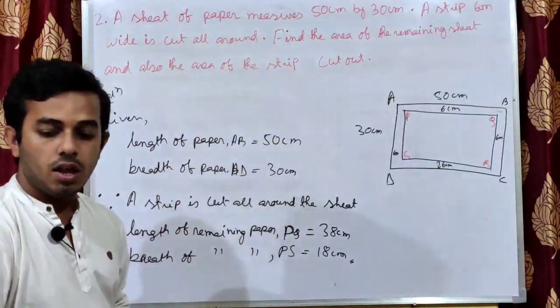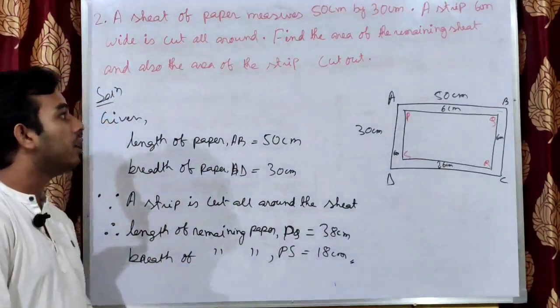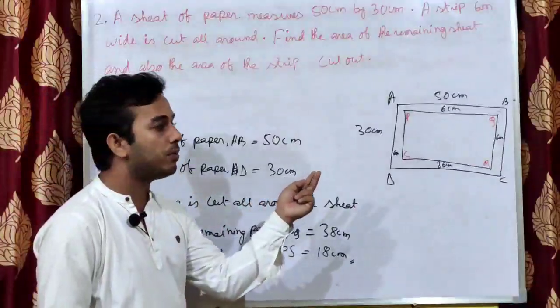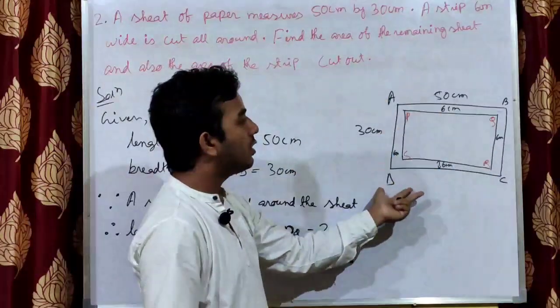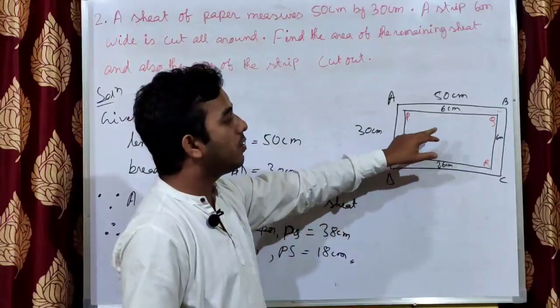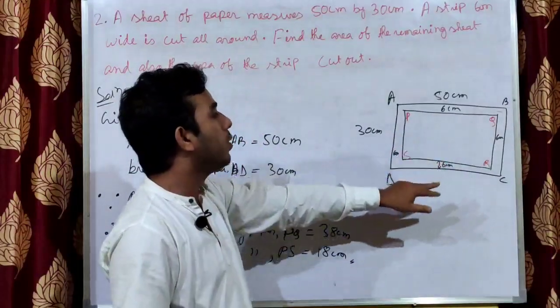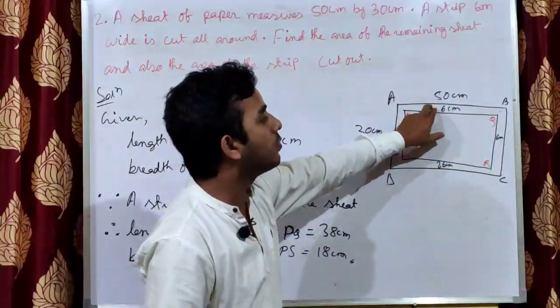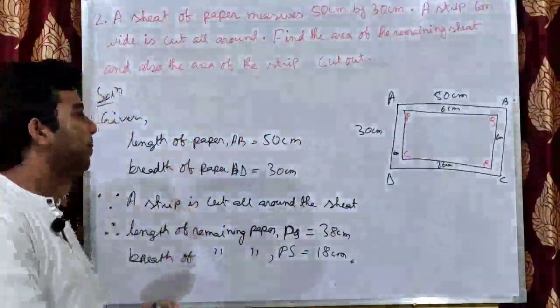Now next we will find the area. First we have to find the area of the full sheet, then the area of the remaining, that is PQRS, then again the area of the strip.